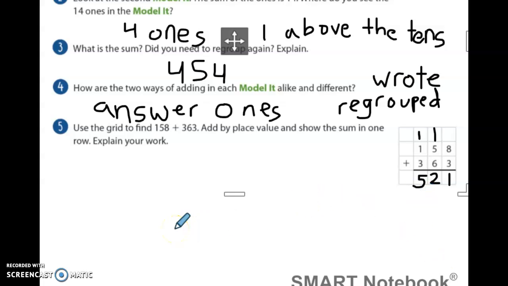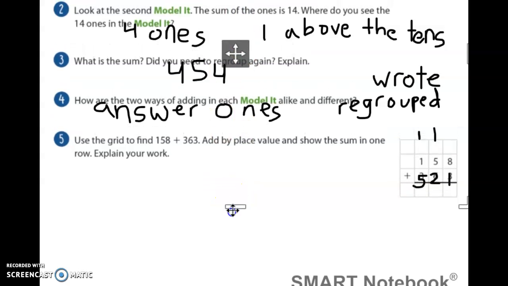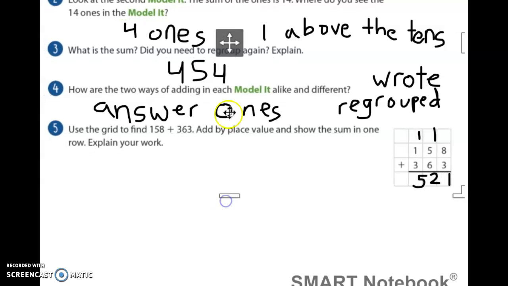You could also regroup it and get it that way. There's lots of different things you could do to double check this answer. You could draw a picture. You could pull it apart. Even if I added those numbers below and said, okay, my ones I have 11, and my tens I have 120, not 110.